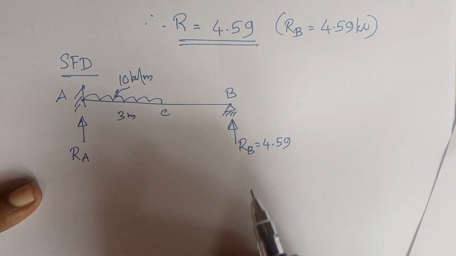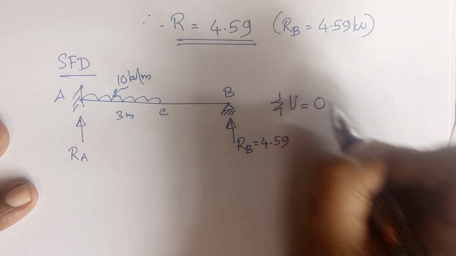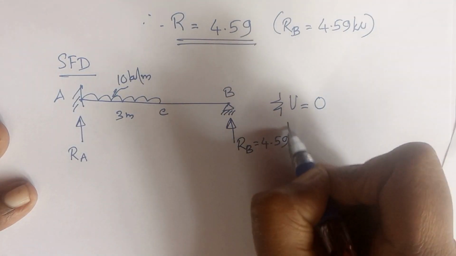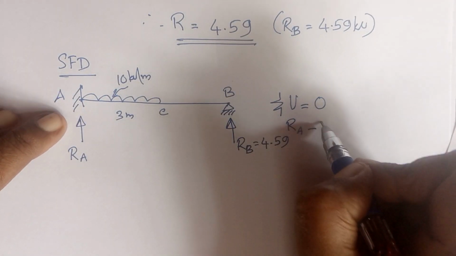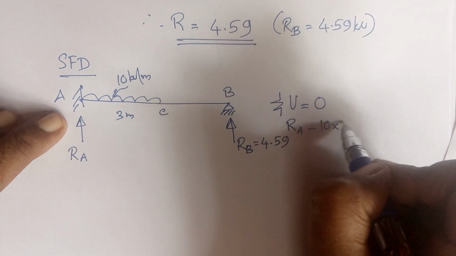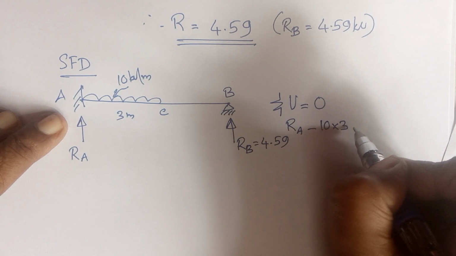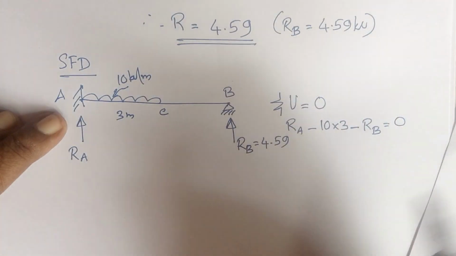Okay, now we can get the value of RA. How will you find out RA? Sigma V is equal to 0. That is RA upward minus 10 into 3 downward minus RB is equal to 0.